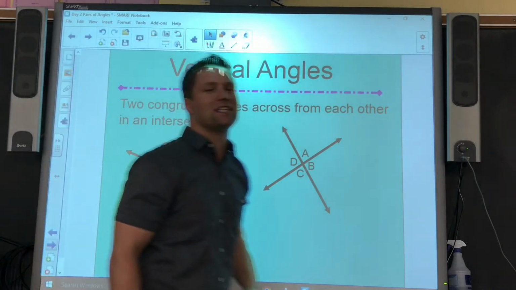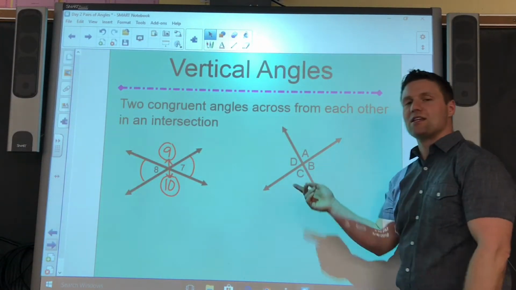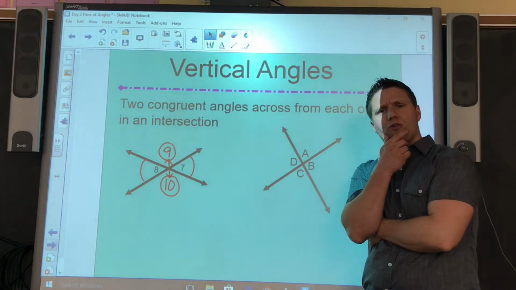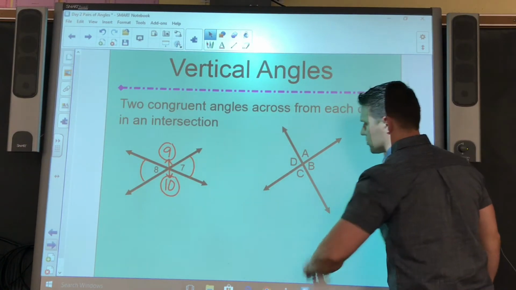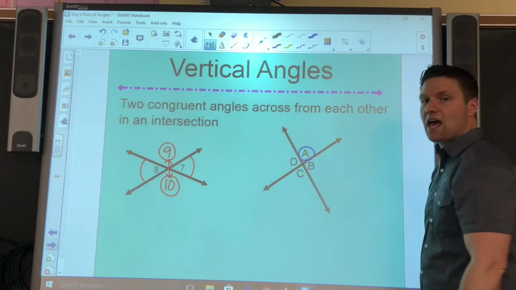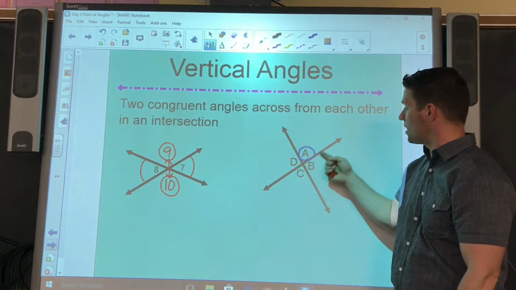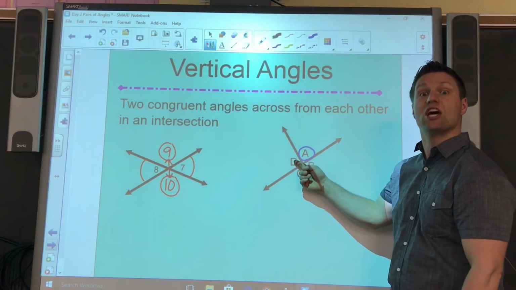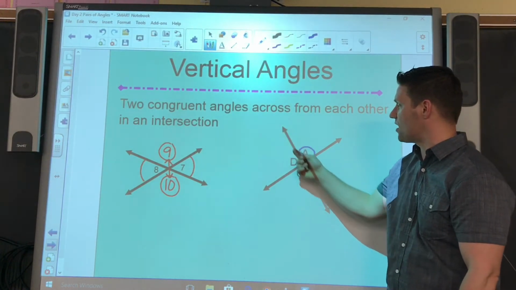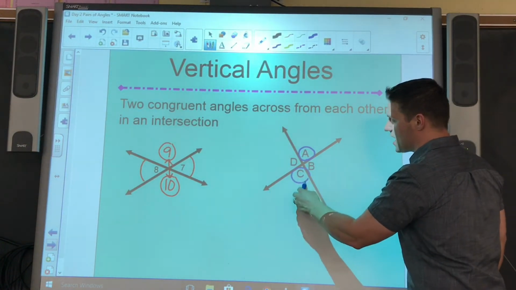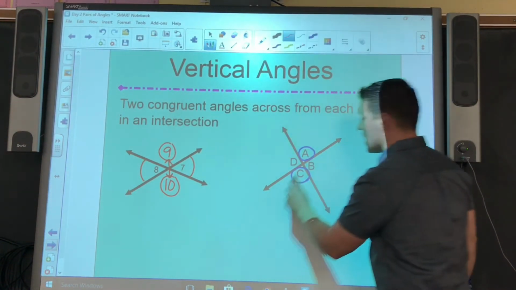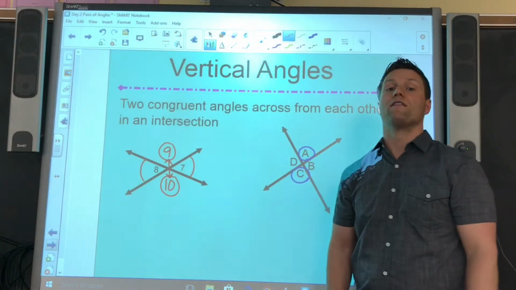Now let's look at A, B, C, and D. Let's see which ones are across from each other. I'll circle the first one, A. A is not B, because that's adjacent. They share this line. Not D, because that's adjacent. They share this line. But angles A and C are vertical.